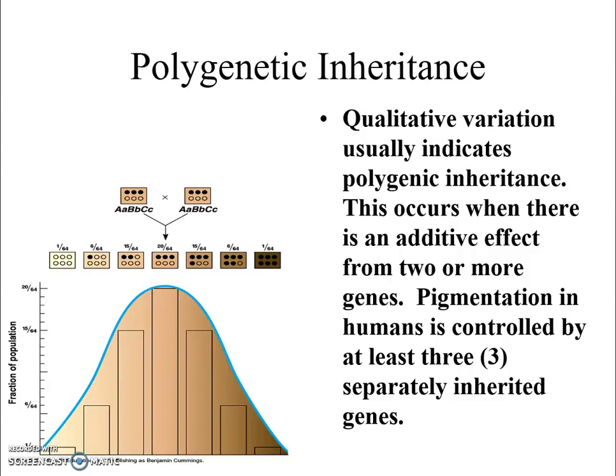So quantitative variation usually indicates polygenic inheritance. This occurs when there is an additive effect from two or more genes. A good example of polygenic inheritance in humans is height. Height is controlled not just by one gene or two alleles, it's controlled by many factors.